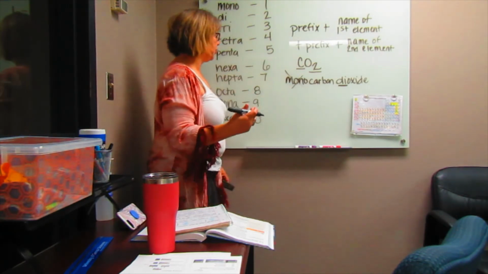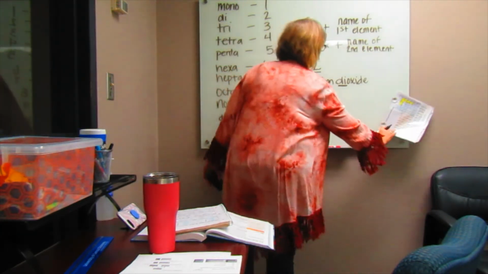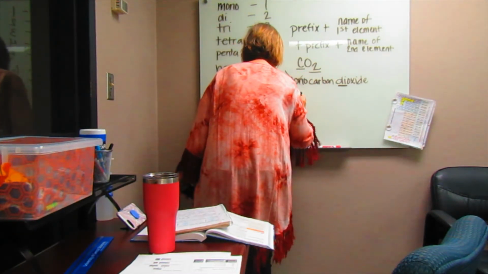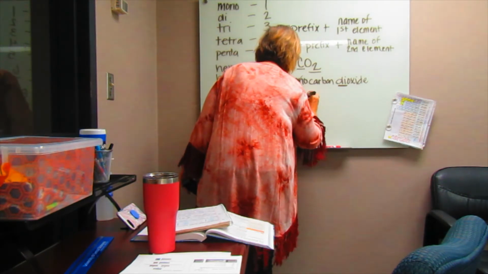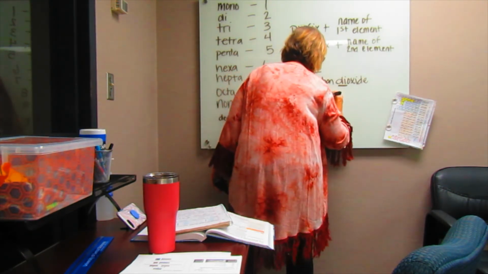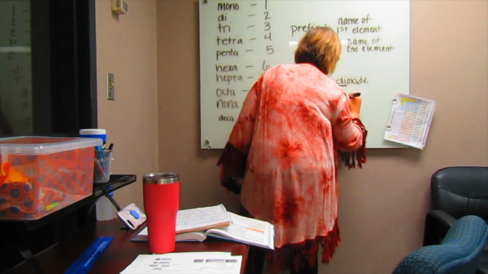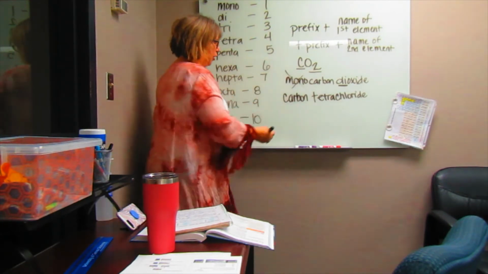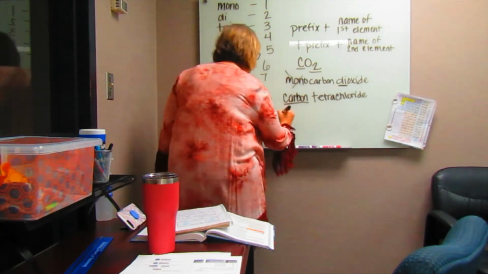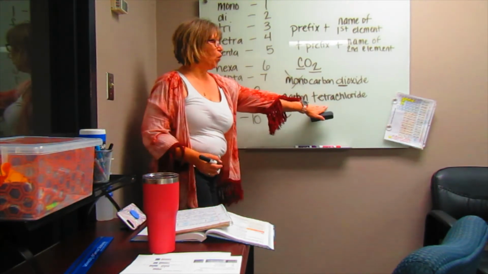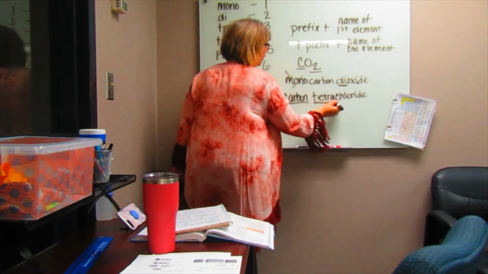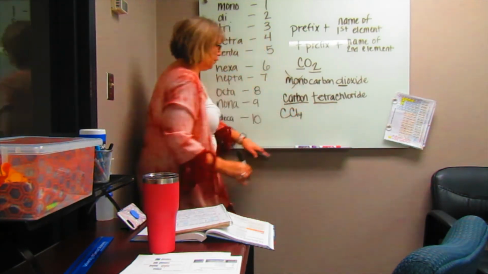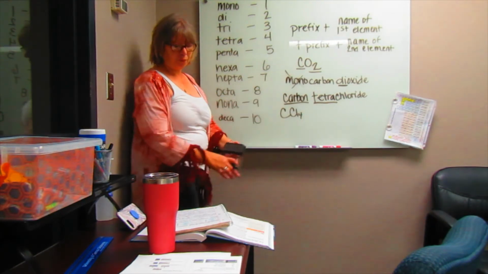But if your professor gave you in word format carbon tetrachloride, you would break this down and you would know that you've got one carbon atom and you've got 4 chlorine atoms. Tetra is 4. So your formula or your compound would be CCl4. Okay?